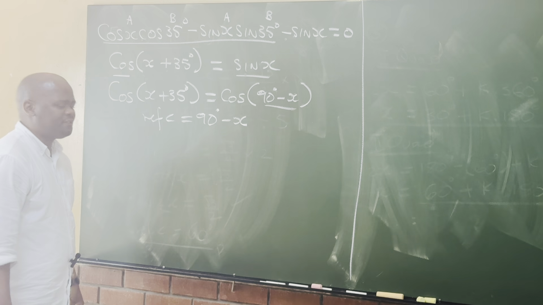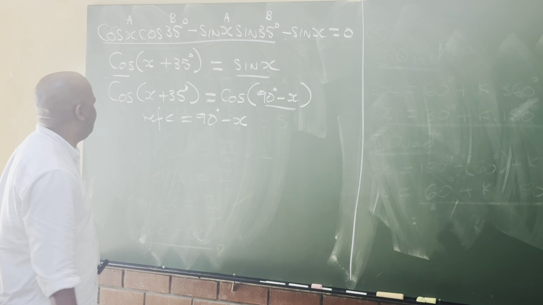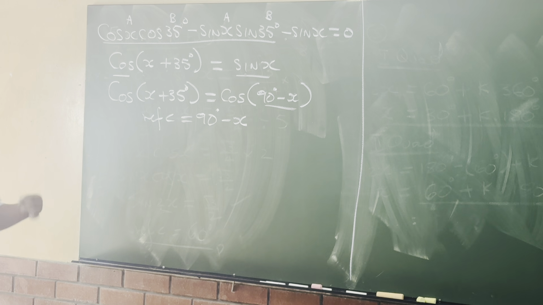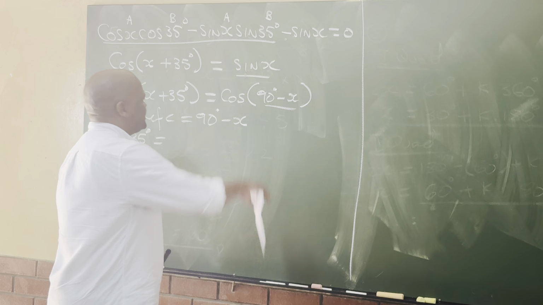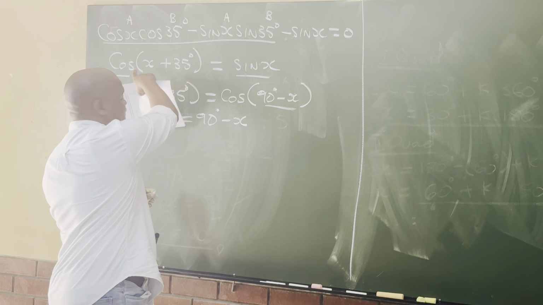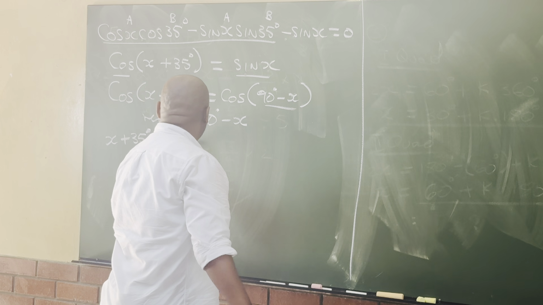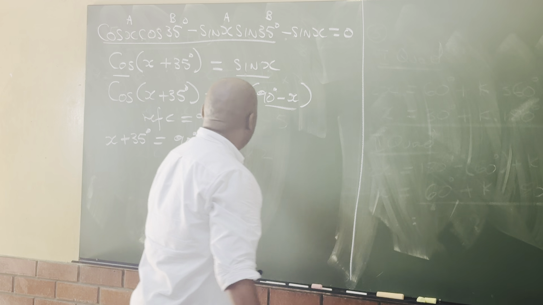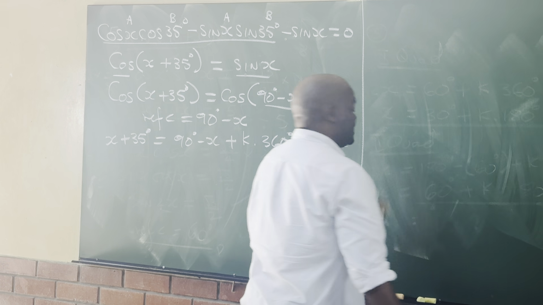And then from here, we look for solutions. So this is x plus 35. Since cos is positive in the first quadrant, we take it as it is: 90 minus x plus k times 360, where k is an element of integers.